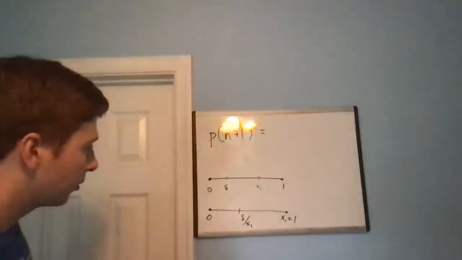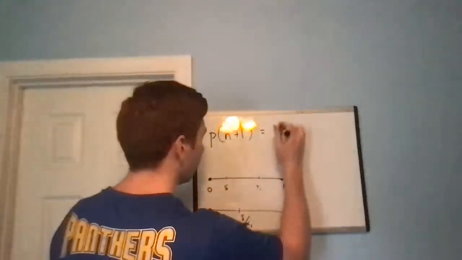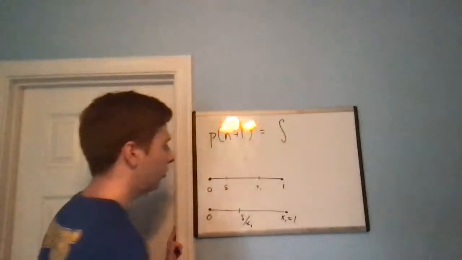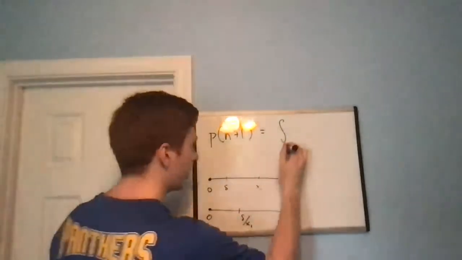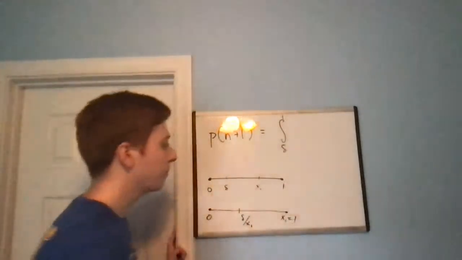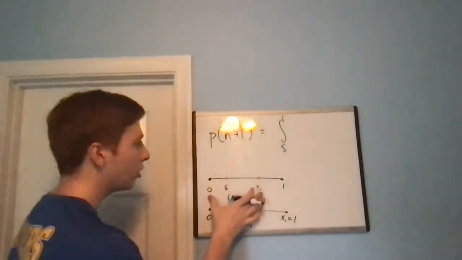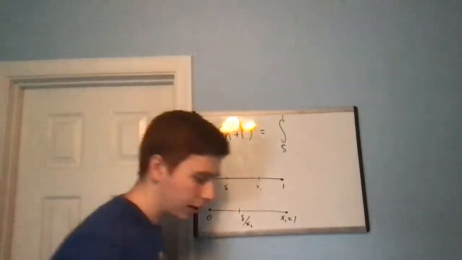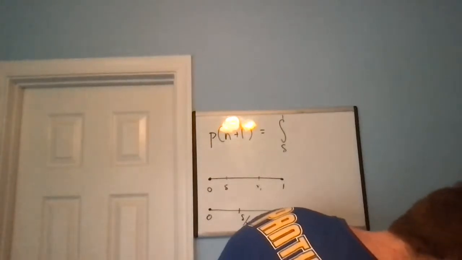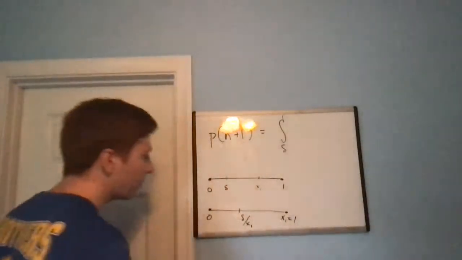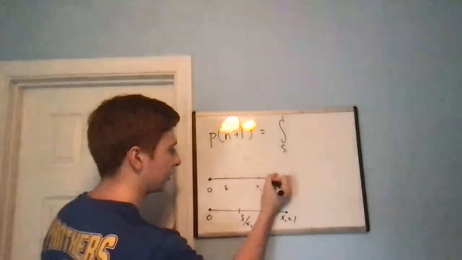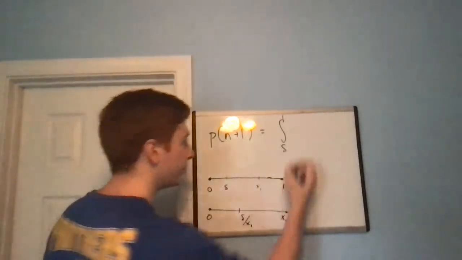So here we're going to have an integral. x1 could be anything from delta to 1. First off, the probability that x1 lies in any specific range is just dx1.